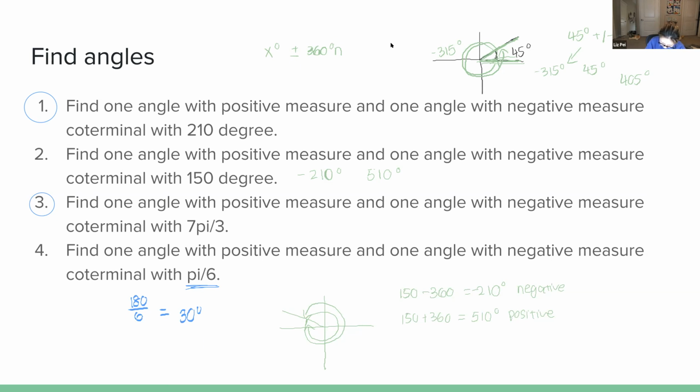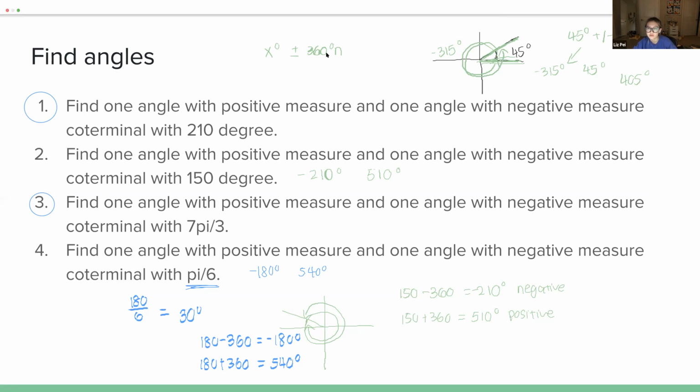So you can do 180 minus 360, which is negative 180 degrees, and then 180 plus 360, which is 540 degrees. So that will be the 2 answers here. Okay, and then you guys can do 1 and 3 by yourself. We'll come back in a minute or 2.